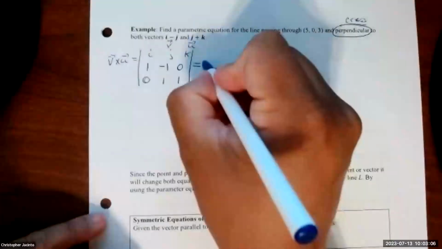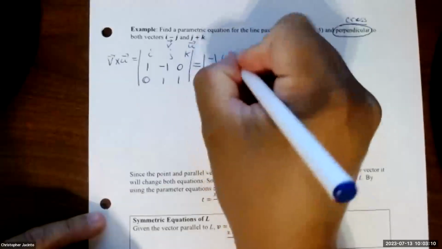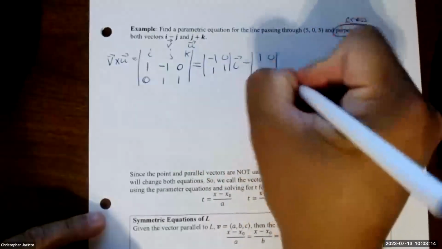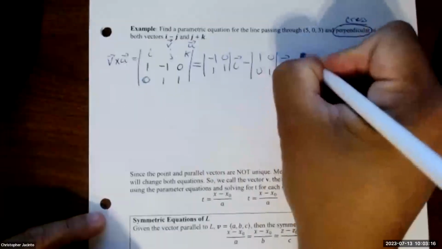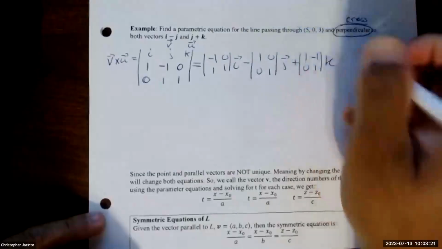So this is going to end up giving you the determinant of (-1, 1; 0, 1) i minus (1, 0; 0, 1) j plus (1, 0; -1, 1) k.